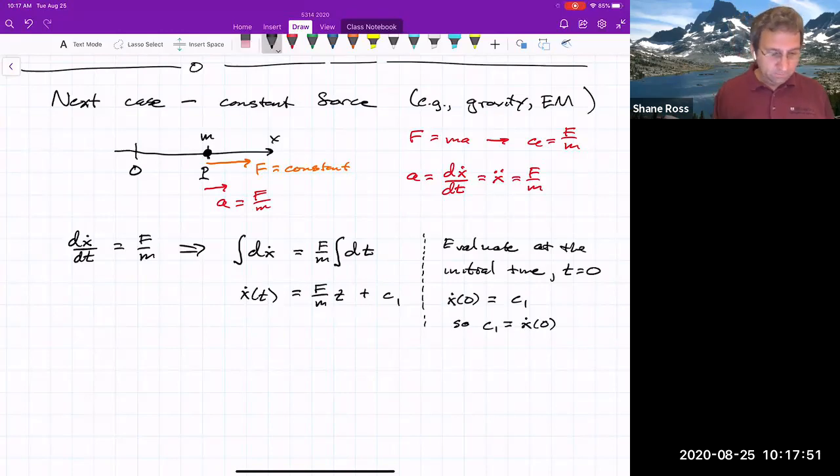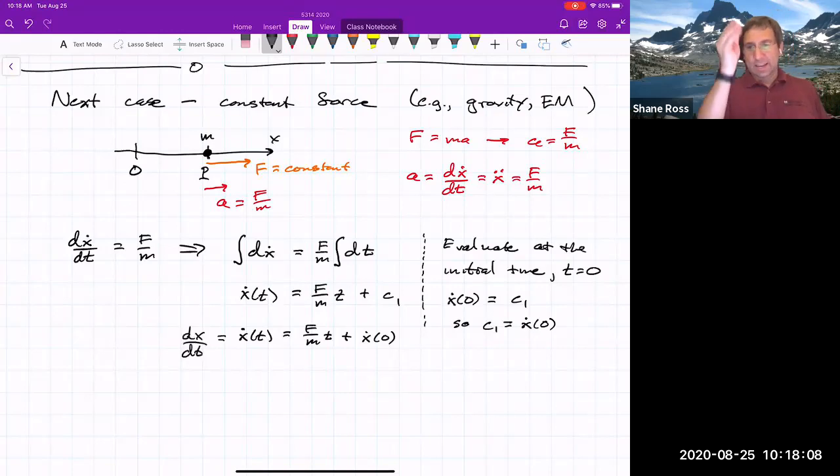All right. Then we'll just rewrite this. x dot t equals F over m t plus the initial velocity. And what is x dot? That's dx by dt. And now we repeat the process. Move dt over to the other side and integrate.